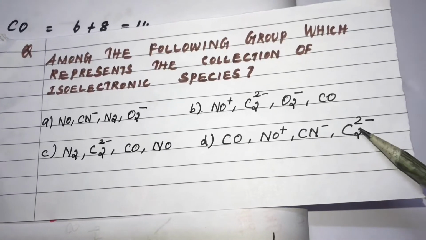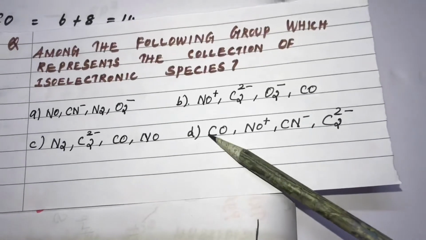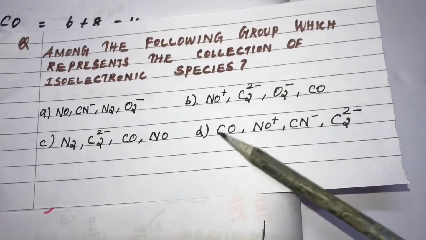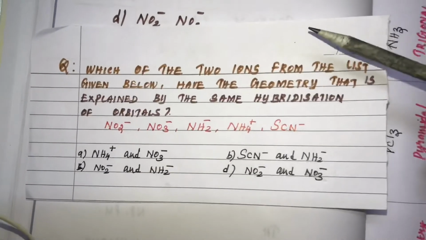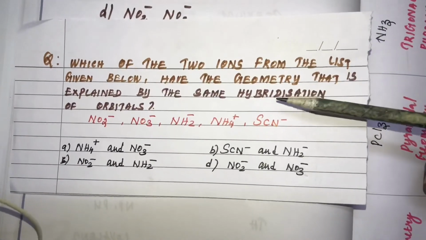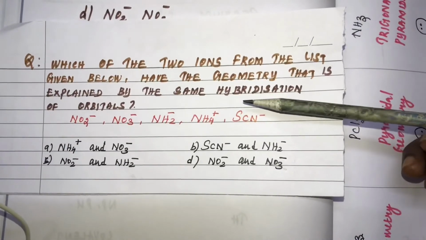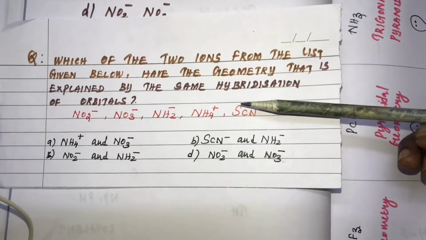All the species containing the same number of electrons are said to be isoelectronic. D is the answer. Next question is, which two ions from the list given below have the geometry that is explained by the same hybridization of orbitals?